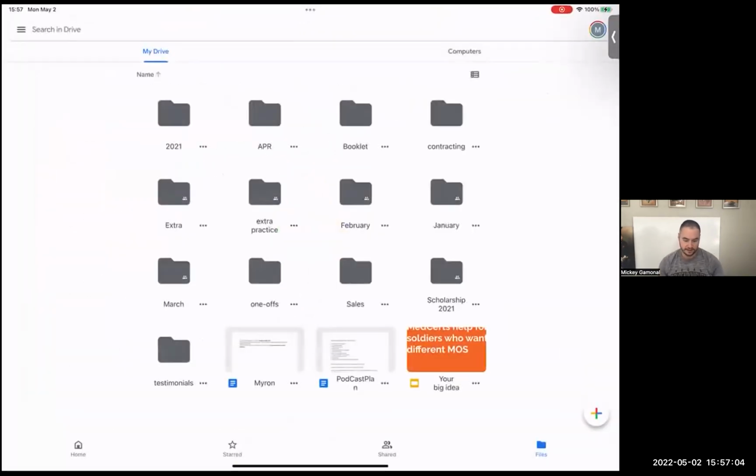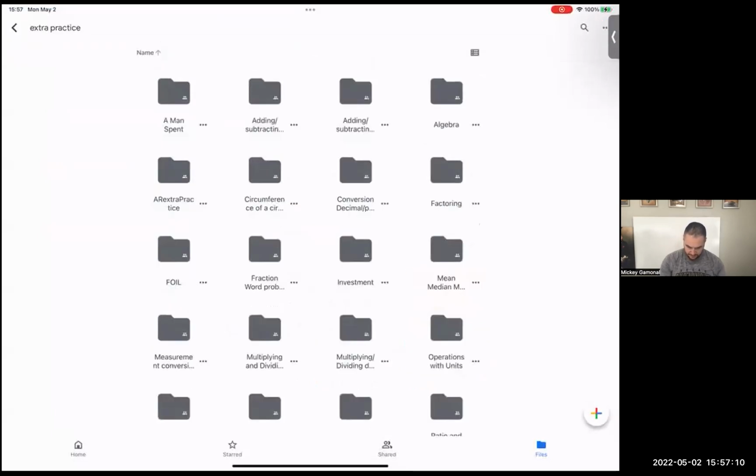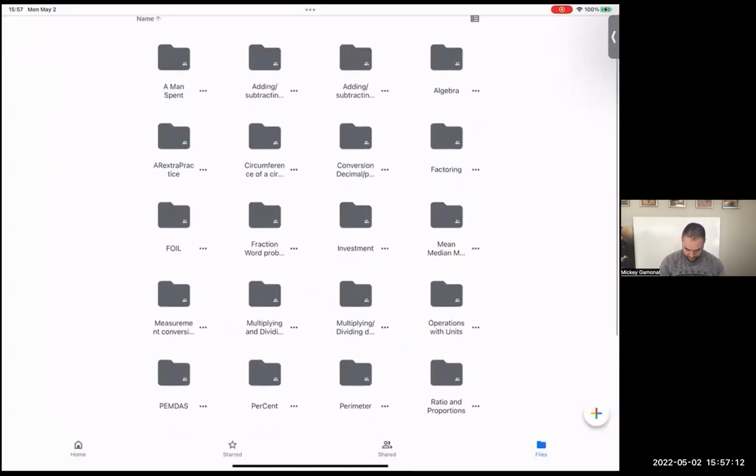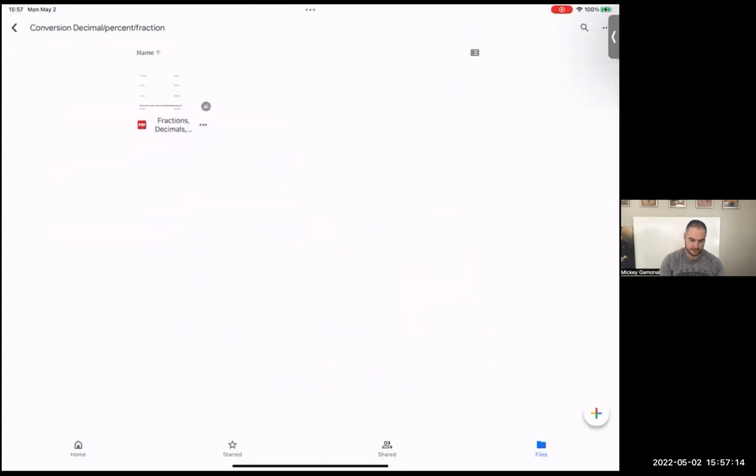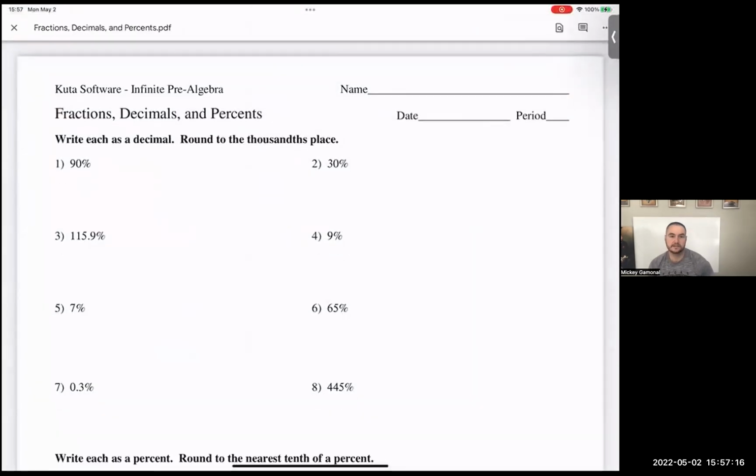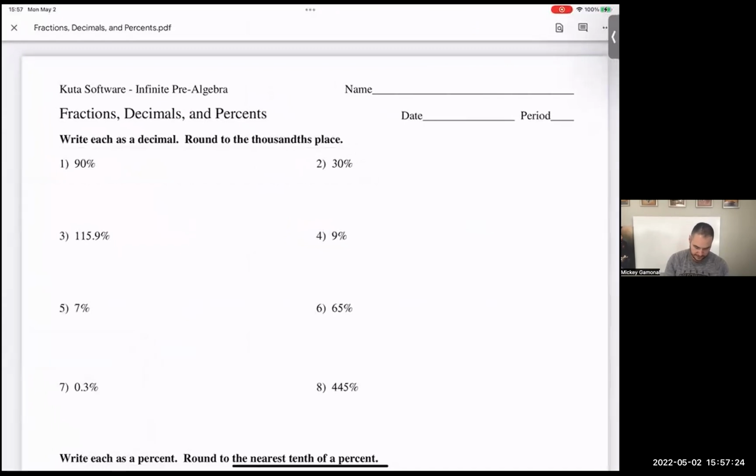All right. So if we look a little bit at the worksheet for this section, we can see decimals, percents, and fractions. So we can see here very clearly, okay, write each as a decimal. We went over that. This is one of the easier ones. So I'll help you guys with that.